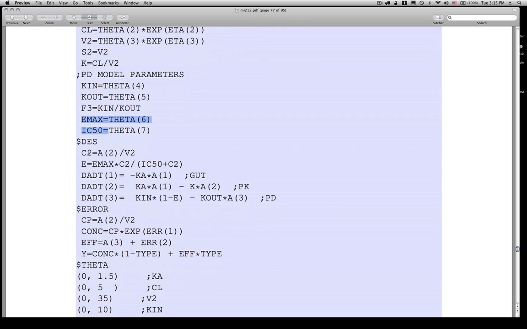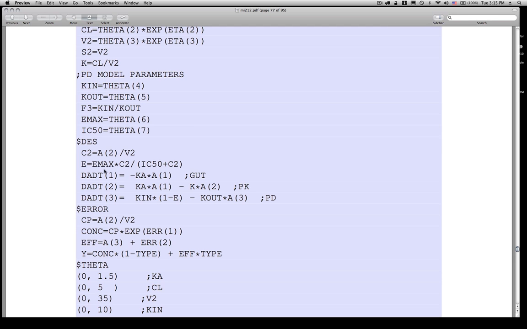Then in the differential equation block, we define concentration in the central compartment because that's our drug effect, our drug source. And then the effect relationship is equal to Emax times that concentration divided by IC50 plus that concentration. So these parameters are estimated. They're components of the PD model, but they're indirectly related.